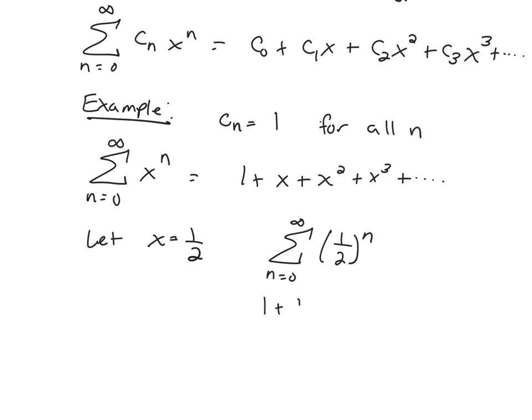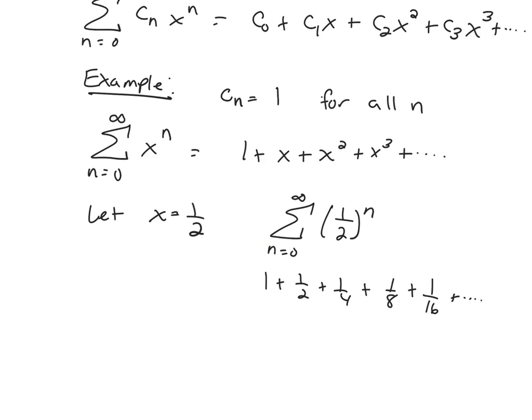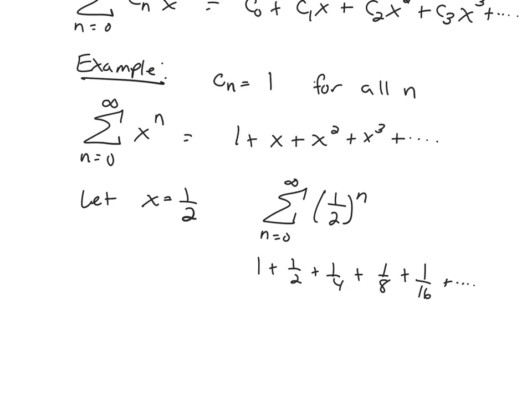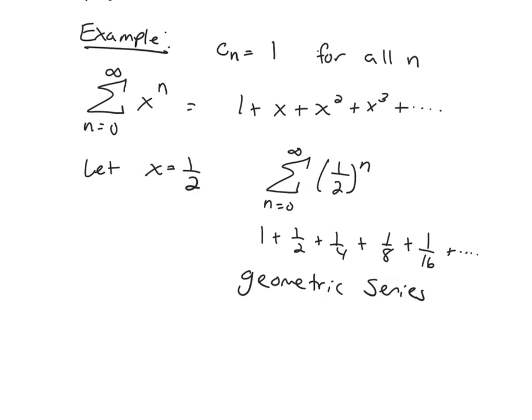So 1 plus 1/2 plus 1/4 plus 1/8 plus 1/16. It's a geometric series, right? So this is familiar to us. This is a geometric series. I need to know what my value of r is. 1/2.